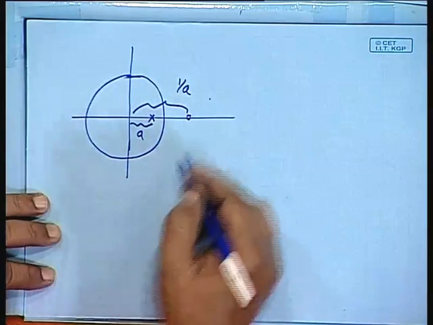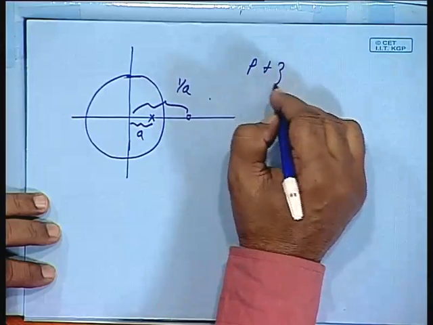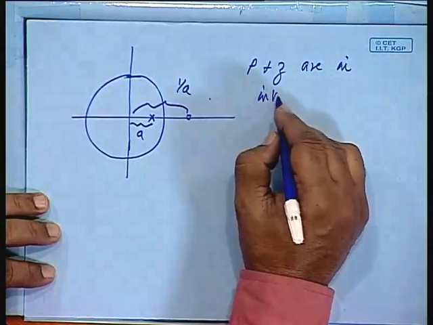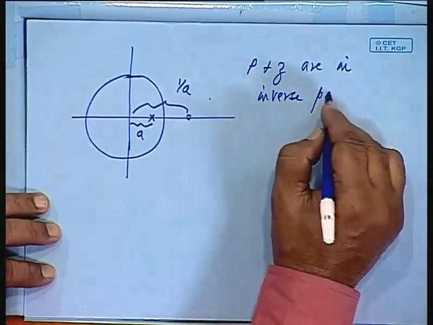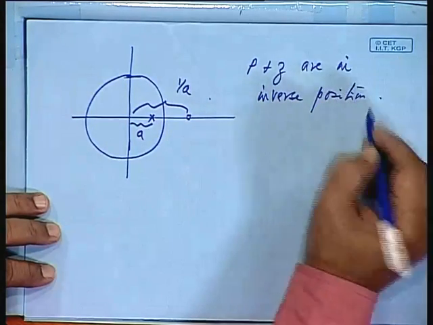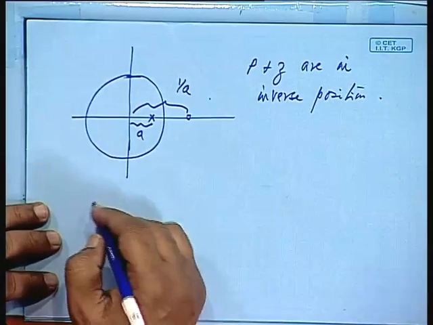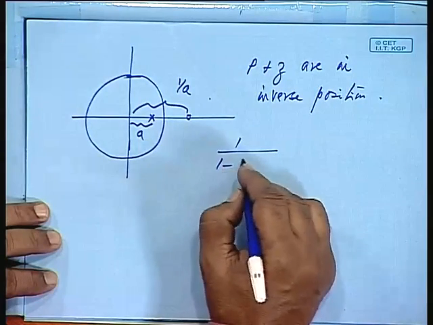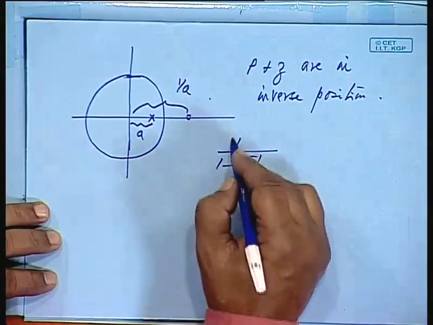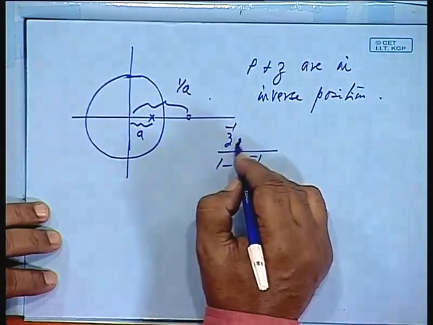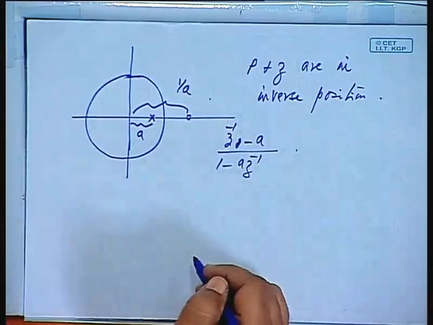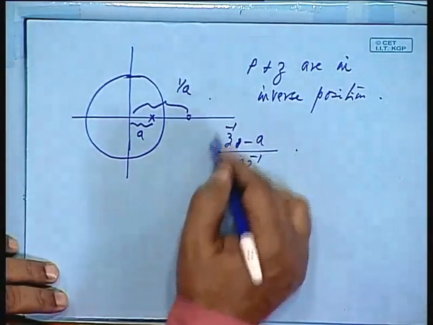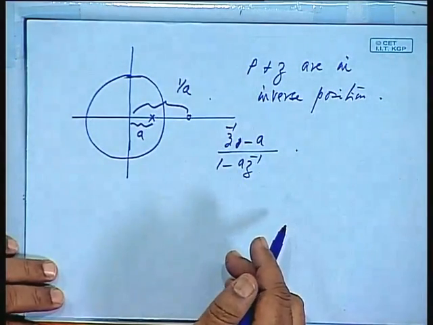So, poles and zeros are in inverse position. It will appear like this, say 1 by 1 minus a z inverse, then this one will be z inverse minus a. Function will be of this type.